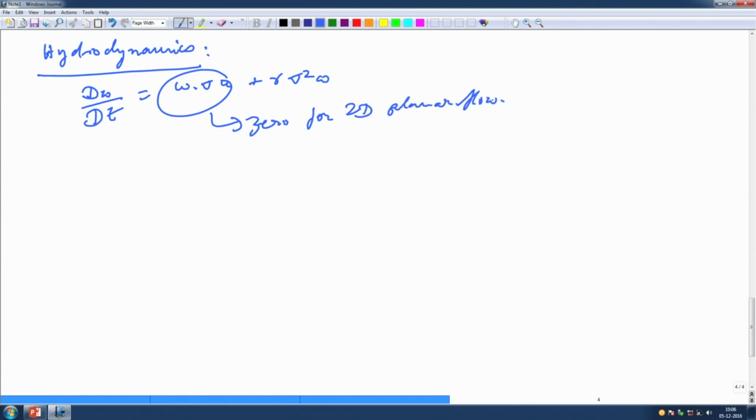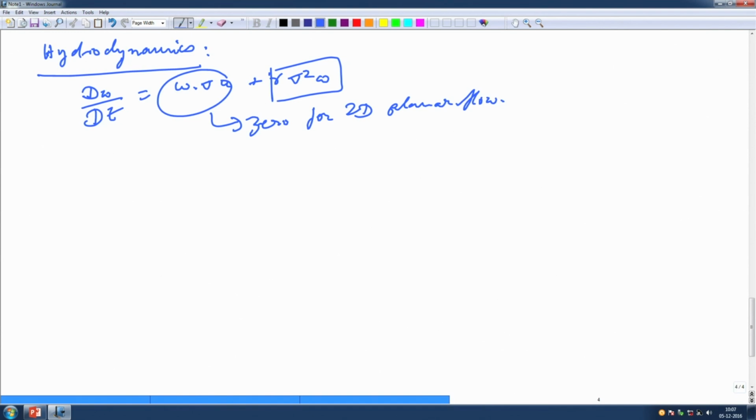That is because your vorticity is pointing out of plane, whereas u is the in-plane component. So, the dot product between the two is going to give you 0, but the viscous term obviously will be retained. So, that is strictly the vorticity transport.